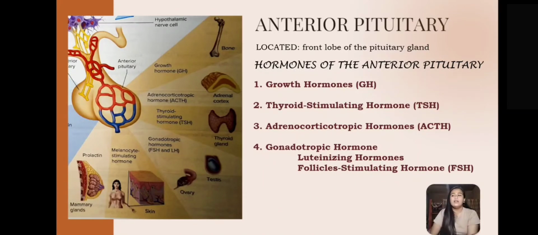So in male, the FSH stimulates sperm development by the testes. So FSH is responsible in female for the estrogen and the eggs that are ready for ovulation, and for male, it stimulates sperm development.